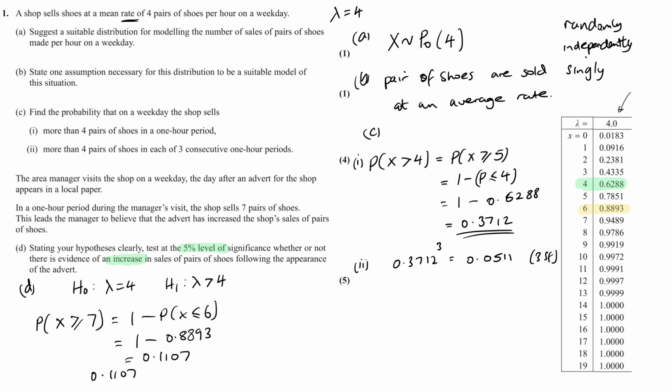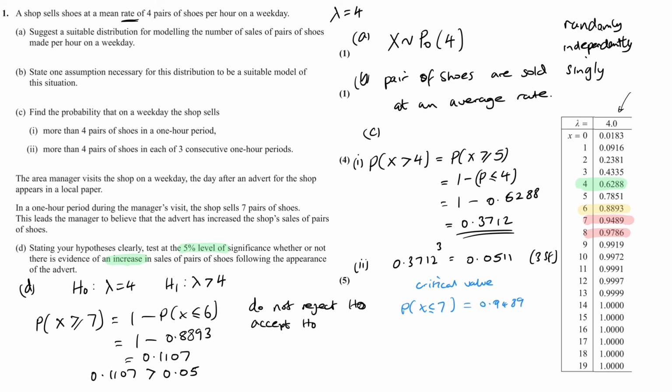If I want to write this out, so as it stands, the probability that X is less than or equal to 7 is 0.9489. Now that's not going to be less than the 0.05, but I'm just going to show you anyway. So this would be 1 minus the probability that X is greater than or equal to 8.